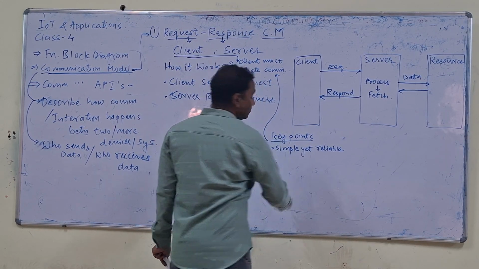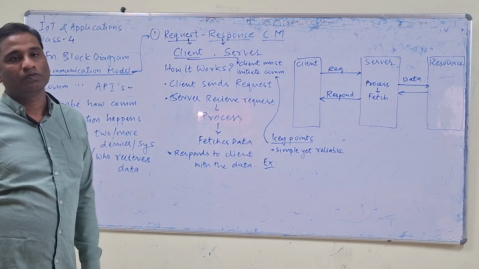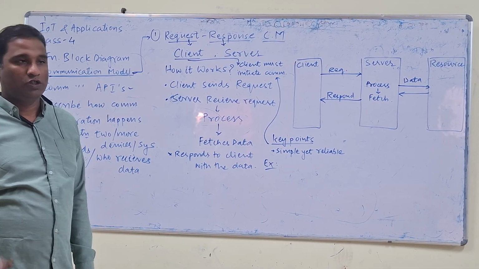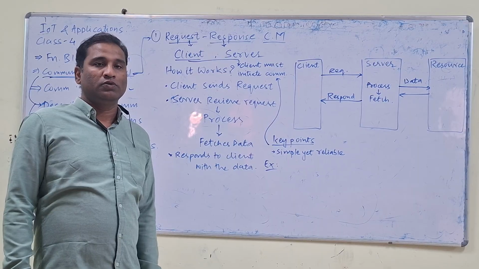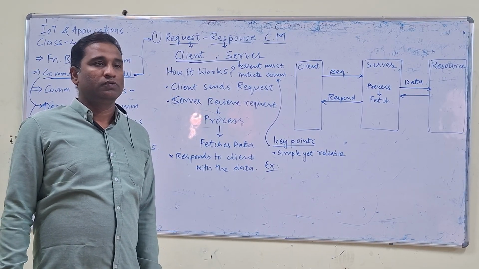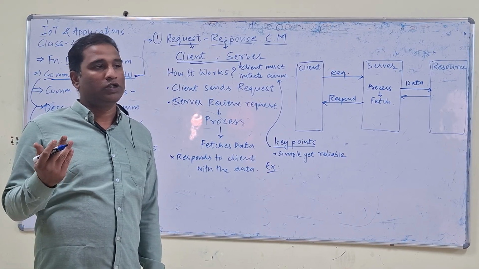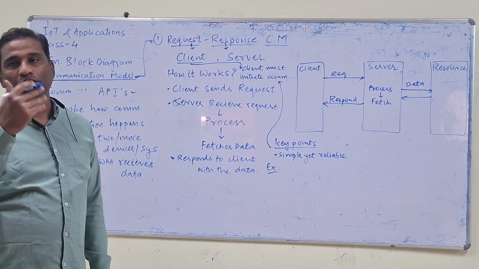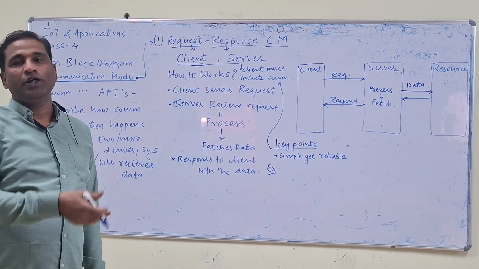Example. Suppose you want to see your result. Suppose you want to see your attendance percentage. What you do? You type www.rgkt.pc.in. It is a request response form. The RGKT server will process it, will fetch the required data, and it will send back to you.